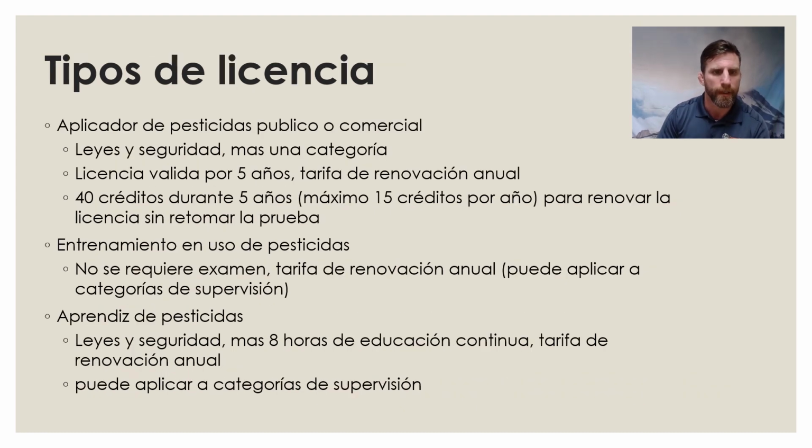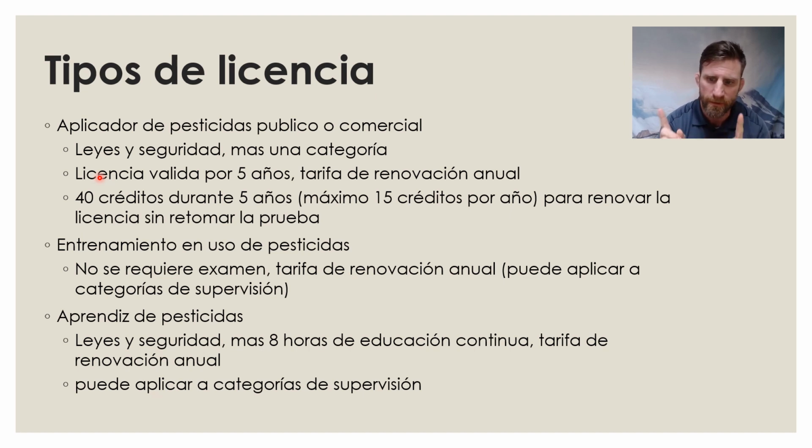Okay, so if we focus on these categories here of the commercial and public pesticide applicator and the pesticide trainee and the pesticide apprentice, some things you'll see in common with the commercial and the public pesticide applicator are, for both of these licenses, the person will require the laws and safety section plus 1 category.